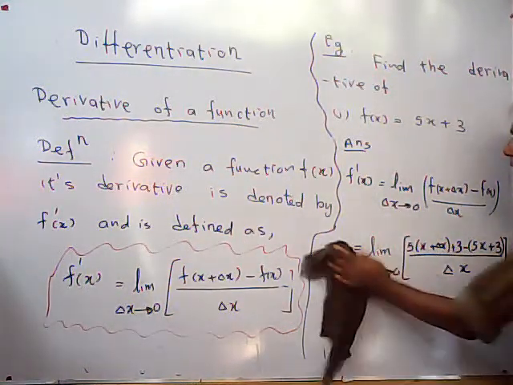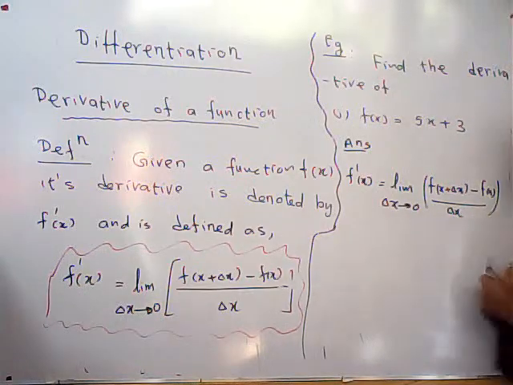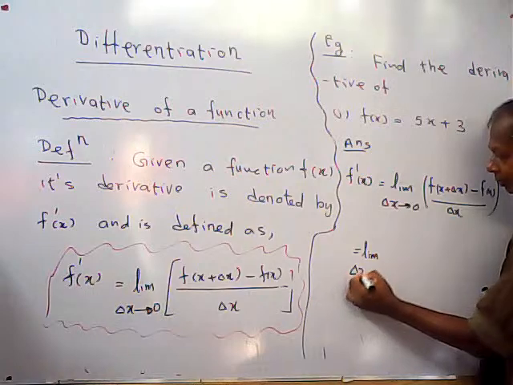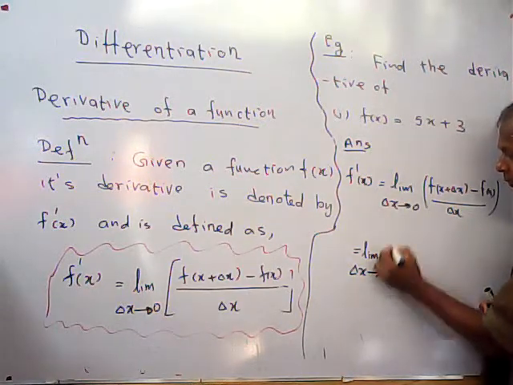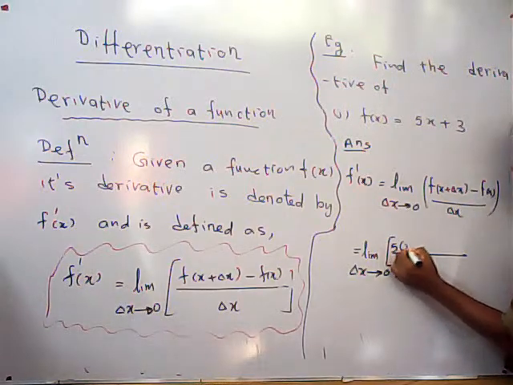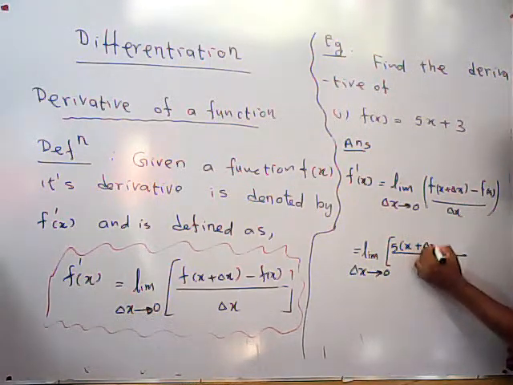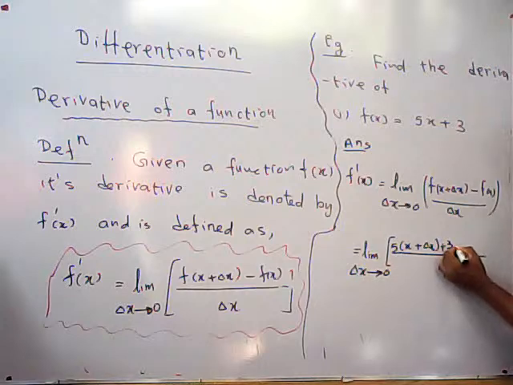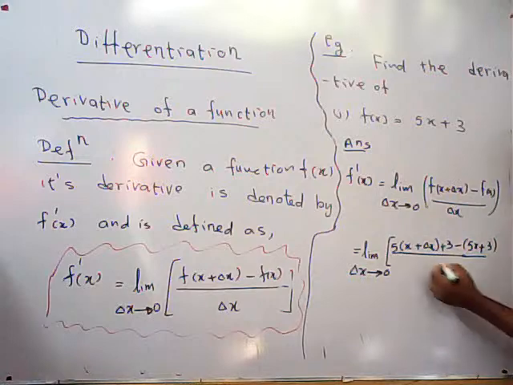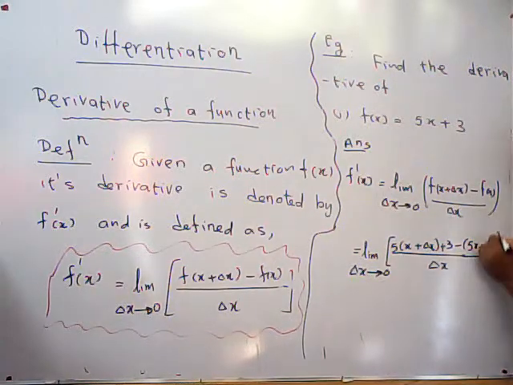I write it again. The limit as delta x goes to 0 of [5 times (x plus delta x) plus 3 minus (5x plus 3)] divided by delta x, right?